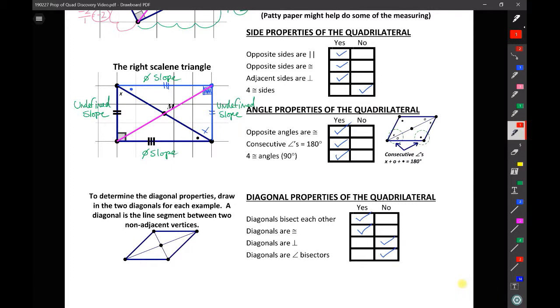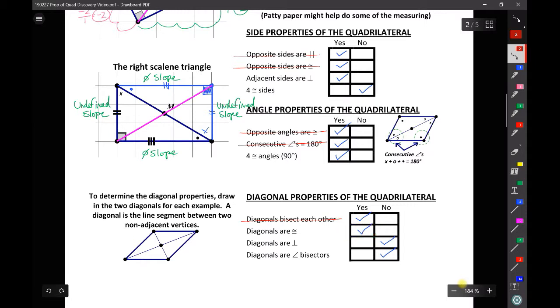The 5 properties that were part of the generic parallelogram are: the opposite sides are parallel, the opposite sides are congruent, the opposite angles are congruent, the consecutive angles are supplementary, and the diagonals bisect each other. Those are the properties of a generic parallelogram. So what makes a rectangle unique is that the adjacent sides are perpendicular, there are 4 90-degree angles, and the diagonals themselves are congruent.